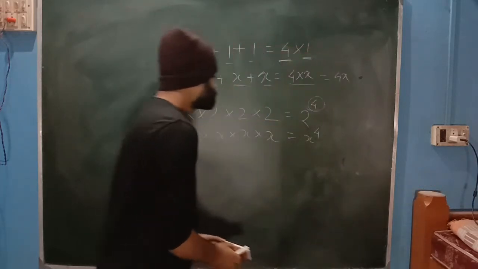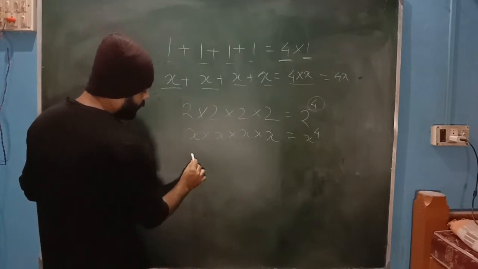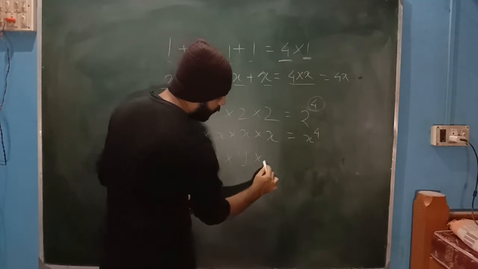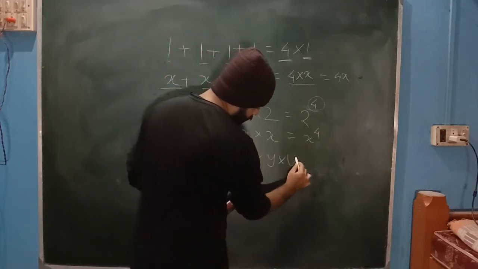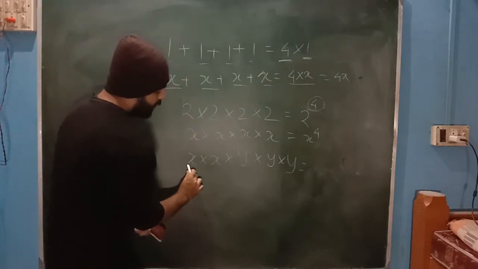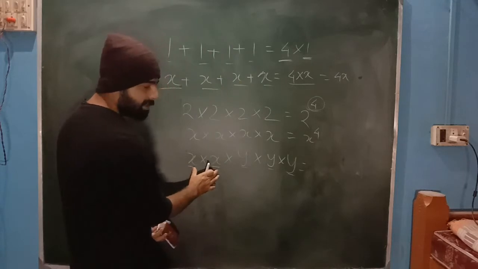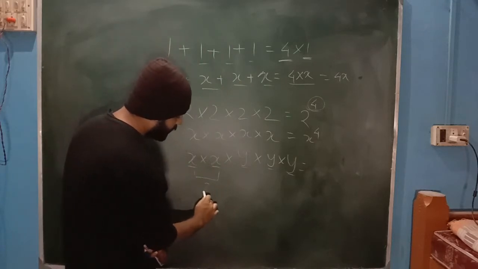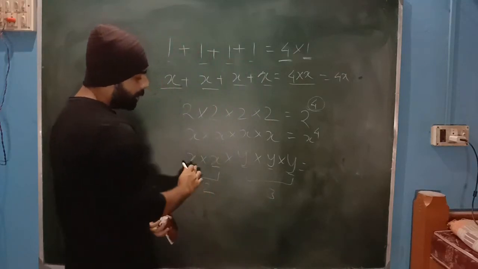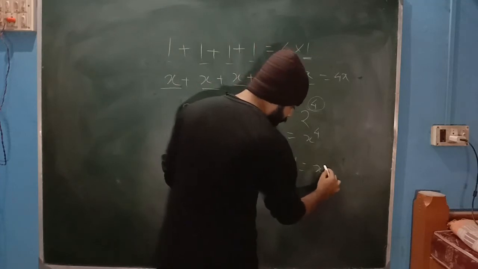All right, here is the important key thing. If we multiply x into x into y into y into y, then as you can see, x is 2 times and y is 3 times, so it will be x square and y to the power 3.